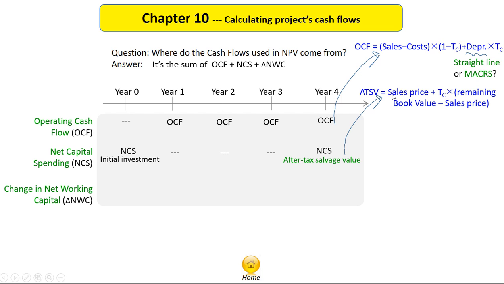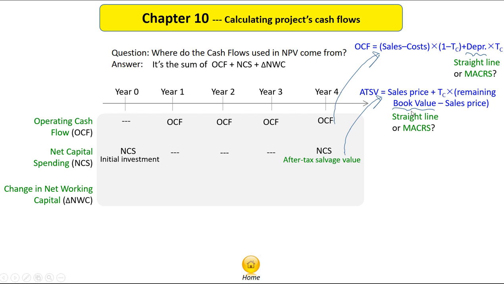After-tax salvage value equals the sales price, the price at which you sell the asset used at the project end, plus the corporate income tax rate multiplied by, open parenthesis, the remaining book value at the time when you sell your asset, minus the sales price of the asset, close parenthesis.